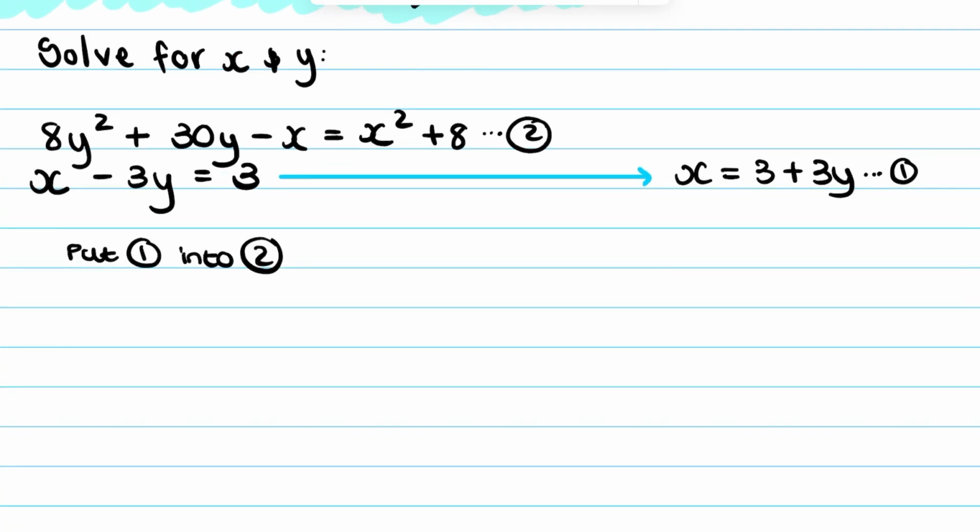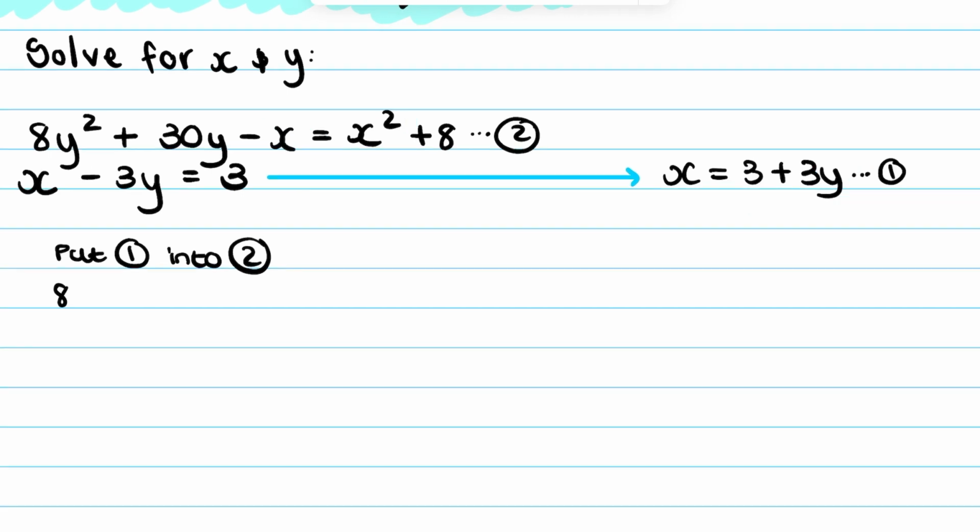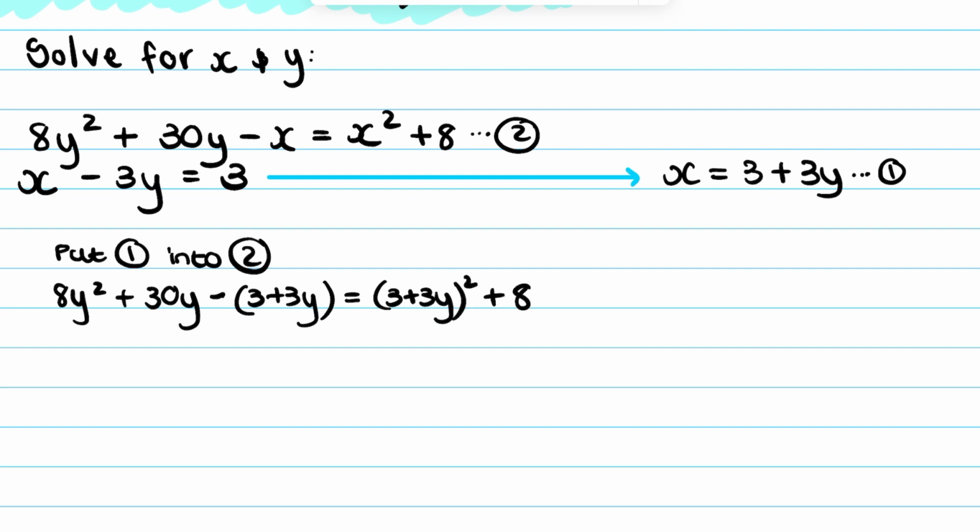So I'm going to substitute this into every single x that I find here. Okay, so we will have 8y squared plus 30y minus (3 plus 3y) is equal to (3 plus 3y) squared plus 8.